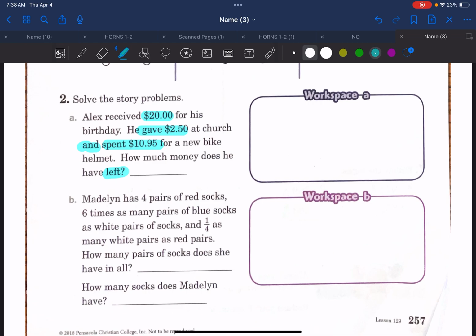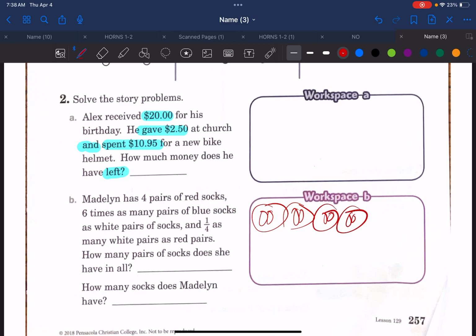Then the next one says Madeline has 4 pairs of red socks. So if you need to, draw 4 pairs, so there's 2 socks, there's a pair, 2 socks, 4 pair, okay? 6 times as many, so 4 pair of red socks, 6 times as many blue socks as white socks.